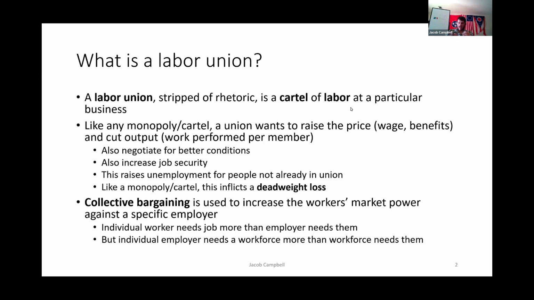This kind of came up in the inflation lectures when we talked about sticky prices. This idea that although all markets eventually equilibrate, some markets equilibrate faster than others, and the market for labor is one of the slowest markets out there. Because again, employers want to vet the people they employ.